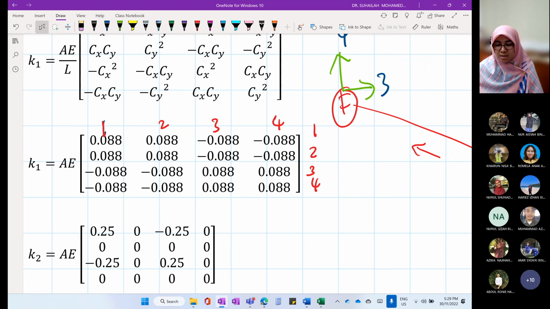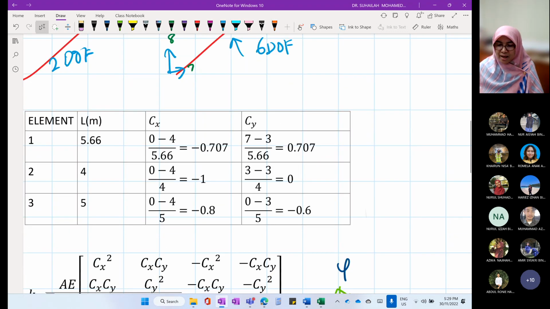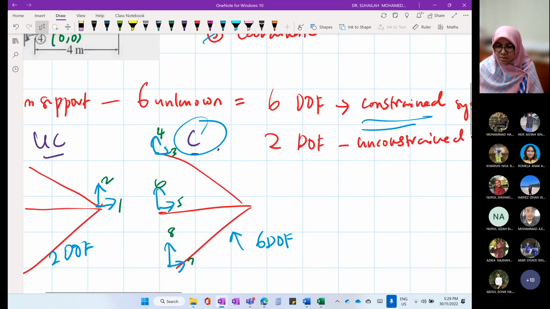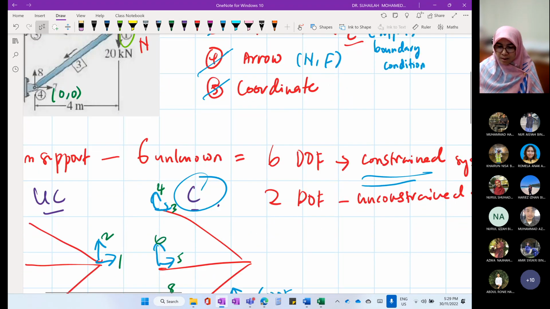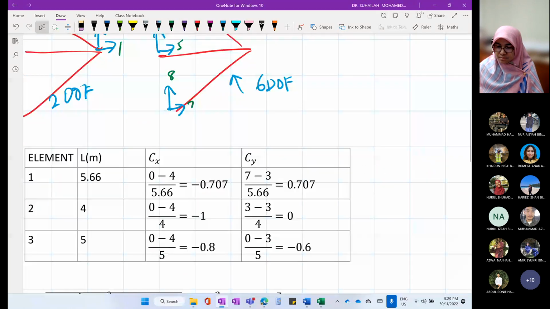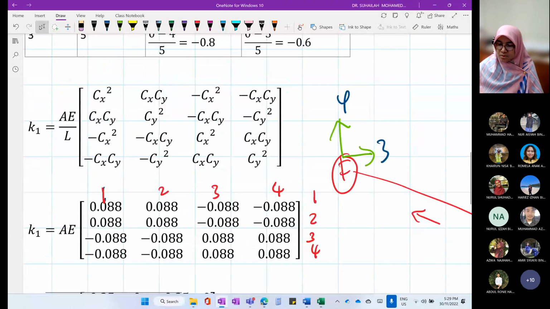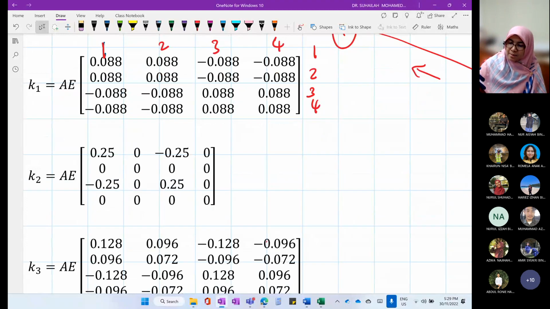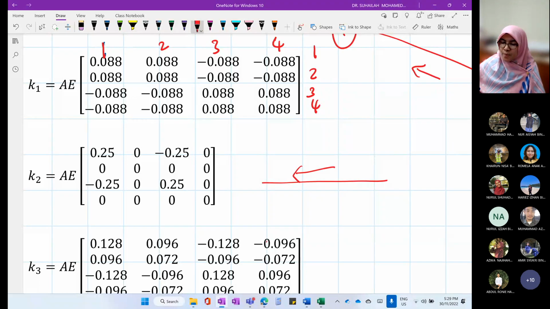For element number 2, the arrow is going towards the left.